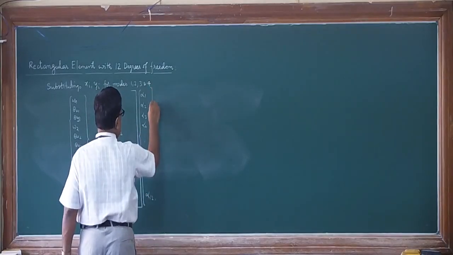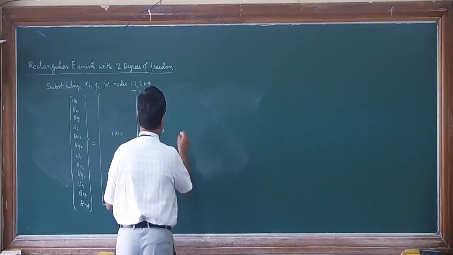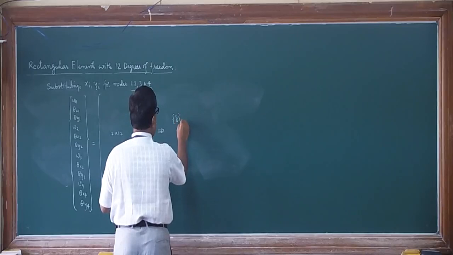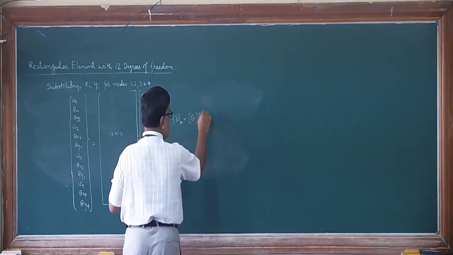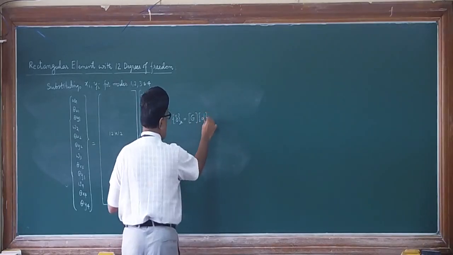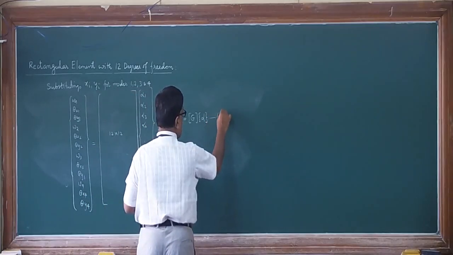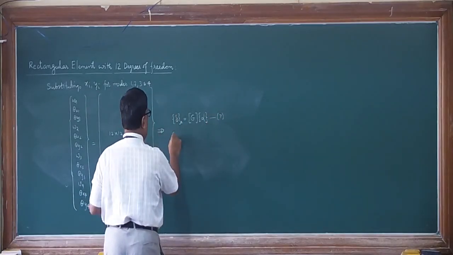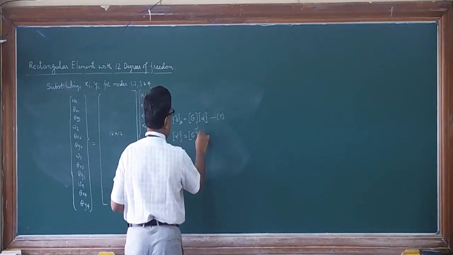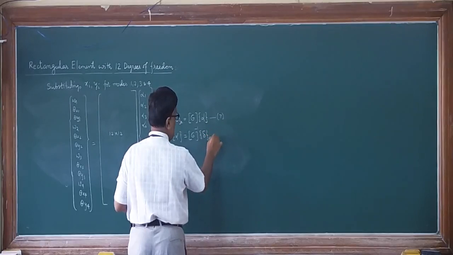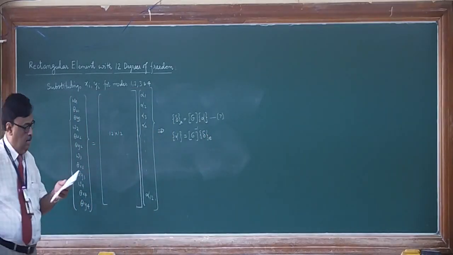All this can be expressed as delta E is equal to G inverse of alphas. You can call this equation 7. And if you want the alphas, obviously you have to take the inverse of G.